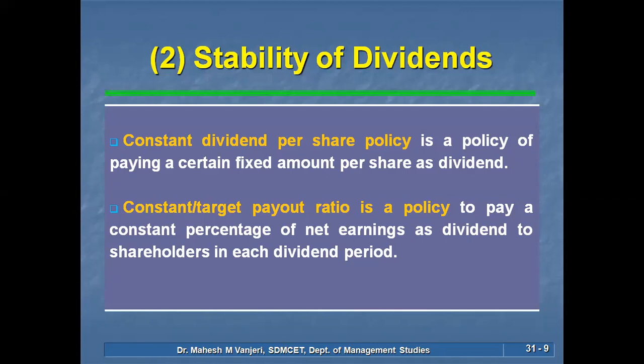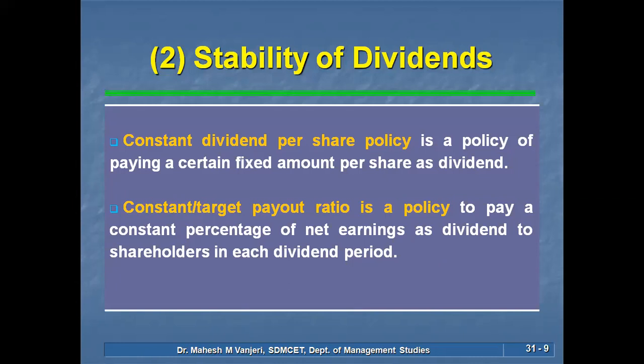In my example, a company decides to pay 5 rupees per share as a dividend each year. And in the second policy, the company decides to pay, let us say, 5% of net earnings to be distributed as a dividend to equity shareholders.